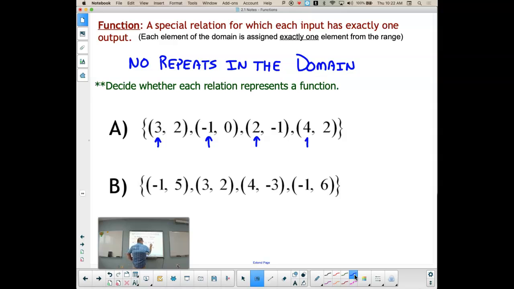If all of those x values are different, it's a function. If there's a repeated number in there, then it's not a function. 3, -1, 2, and 4, all of those are distinct and different. So yes, this one is a function.